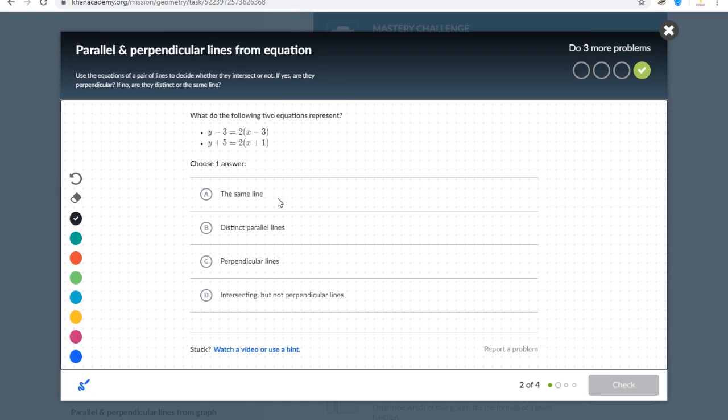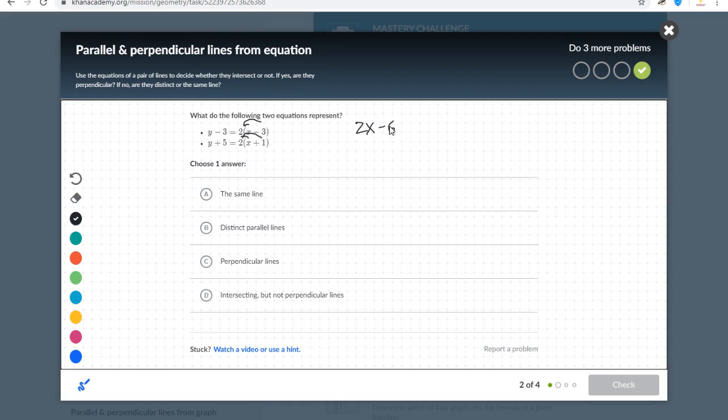Alright, now we got this one. Let's go ahead and simplify these. So I'm going to use the distributive property on both of these before I add over our other numbers here. So we got 2x minus 6. We're going to add a 3 from this side.